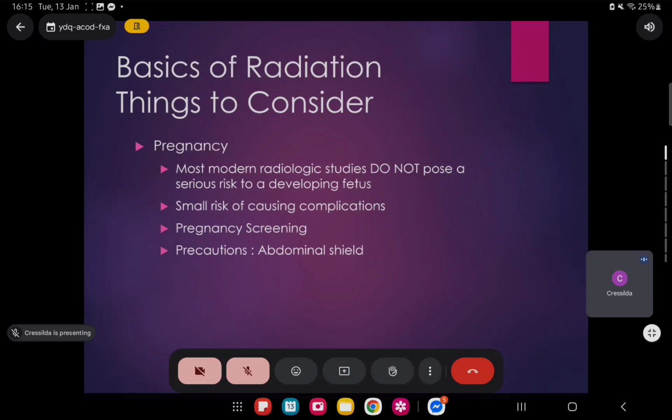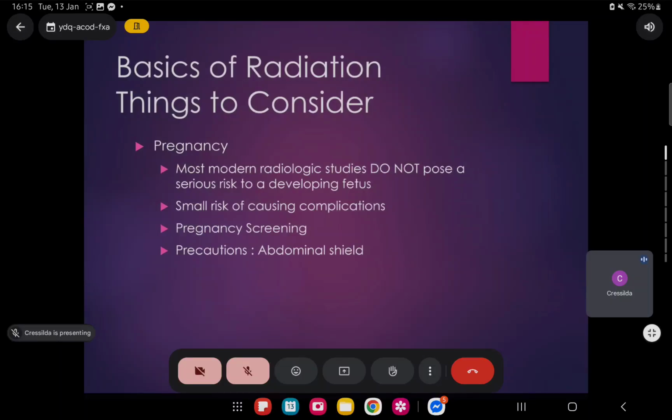We ask the patient when was the first day of their last menstrual period, and whether they are considering or suspecting pregnancy. If they are, and the procedure is deemed very, very important, we have them sign a waiver and we place an apron or an abdominal shield. I'll show you what that looks like later.